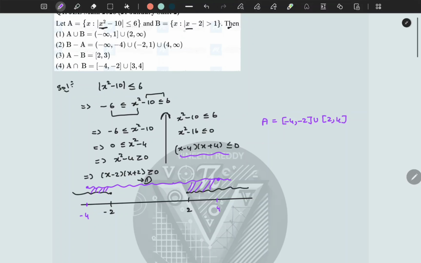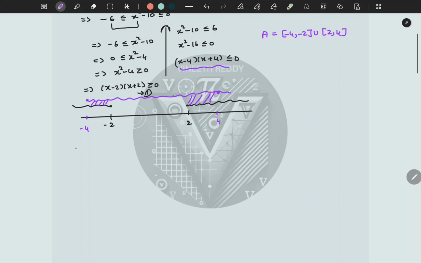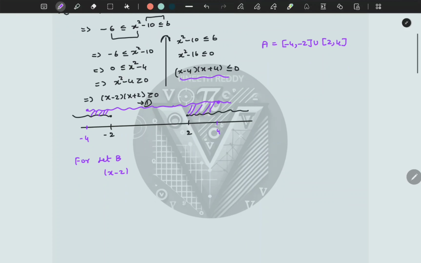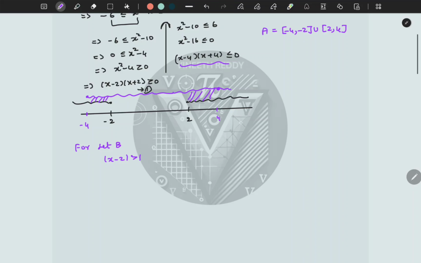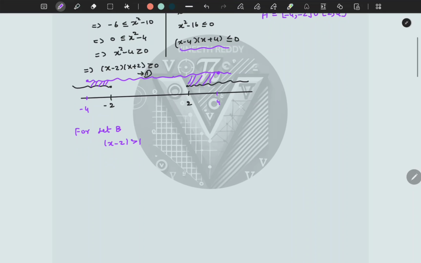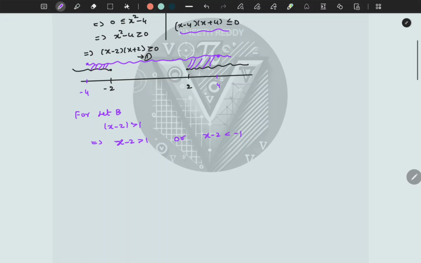Now similarly, let us solve for set B. Set B says mod of x minus 2 is greater than 1. What does this mean? This means x minus 2 is greater than 1 or x minus 2 is less than minus 1, correct?